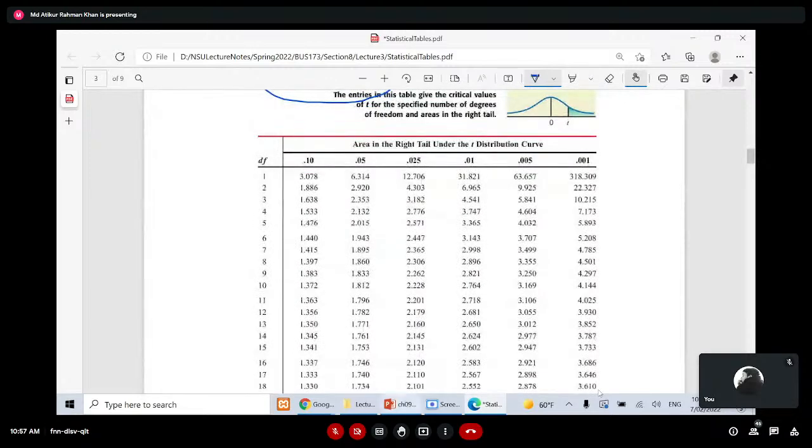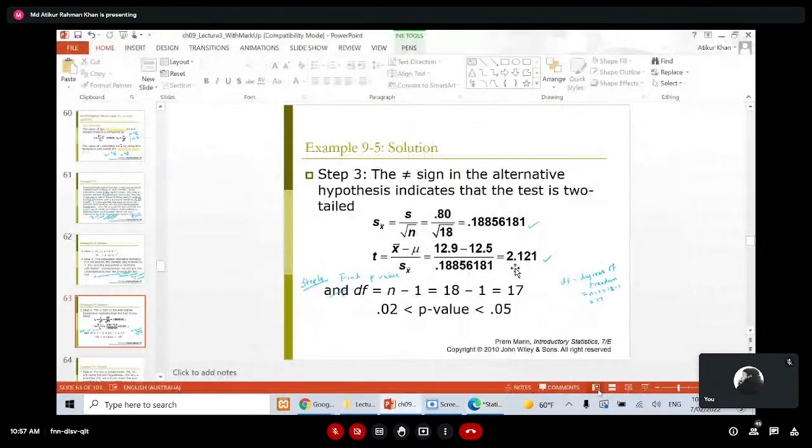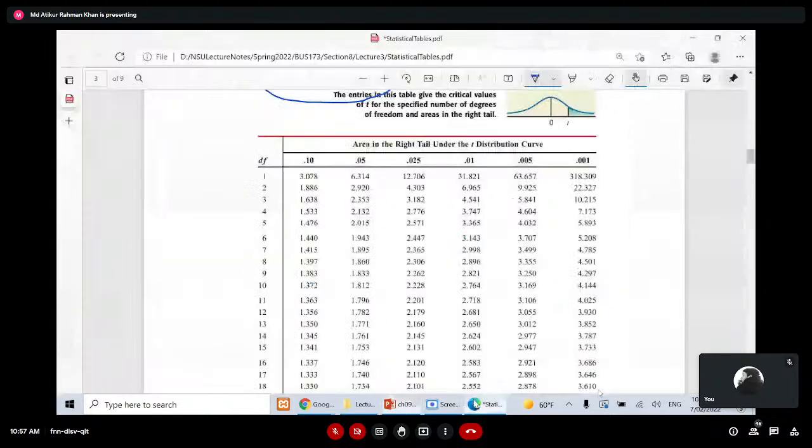Now, look at the value 2.121 with 17 degrees of freedom. At first look at 17 in the degrees of freedom column.